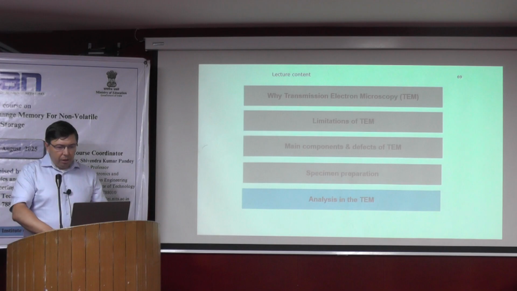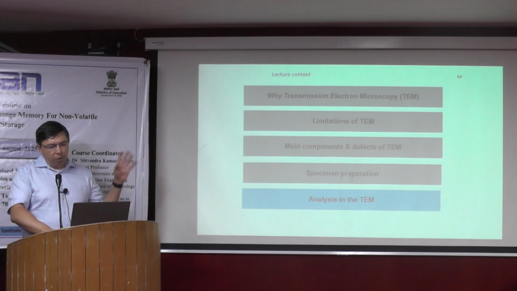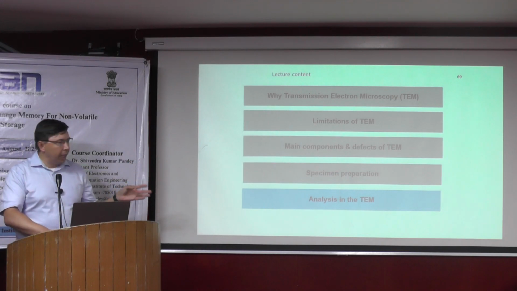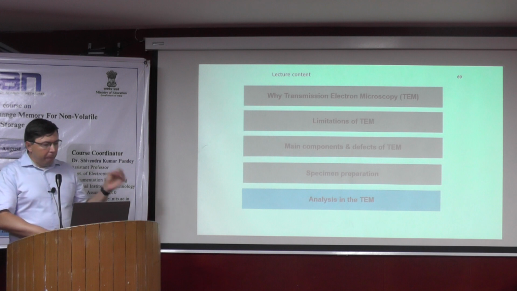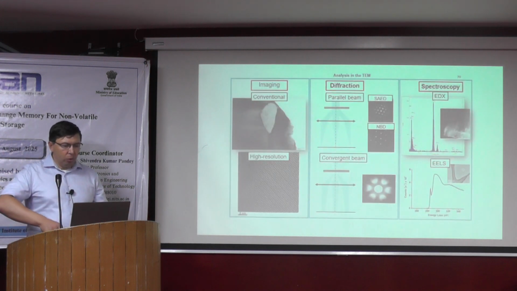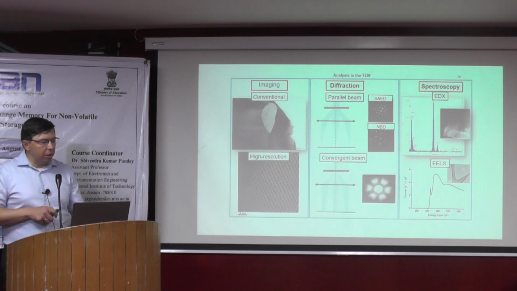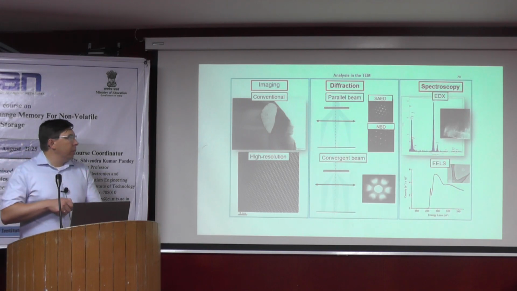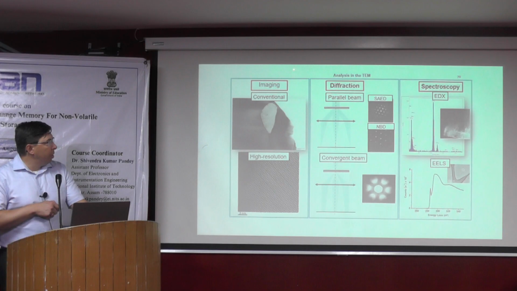Now there are several analyses in TEM which you can perform if you have a very nice and thin TEM specimen. Then you can go to your TEM and think about the analysis. The analysis in TEM can be grouped into imaging, diffraction, and spectroscopy.